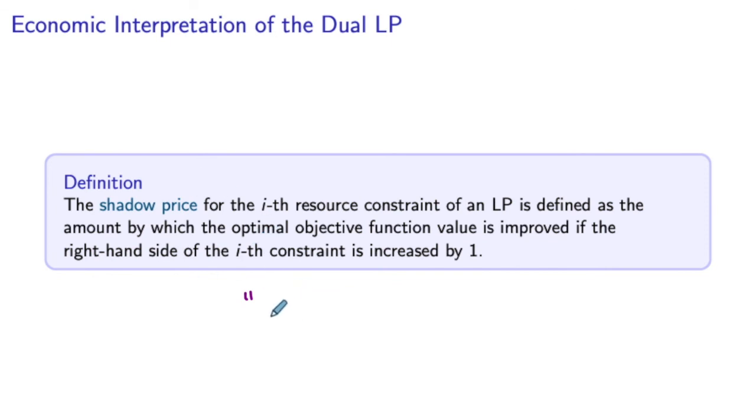An alternative name for the shadow price is the dual price. And this value is usually reported by solvers. In some cases it's called the shadow price, in some cases it's called the dual price, but in both cases it's the optimal value of the corresponding dual variables.